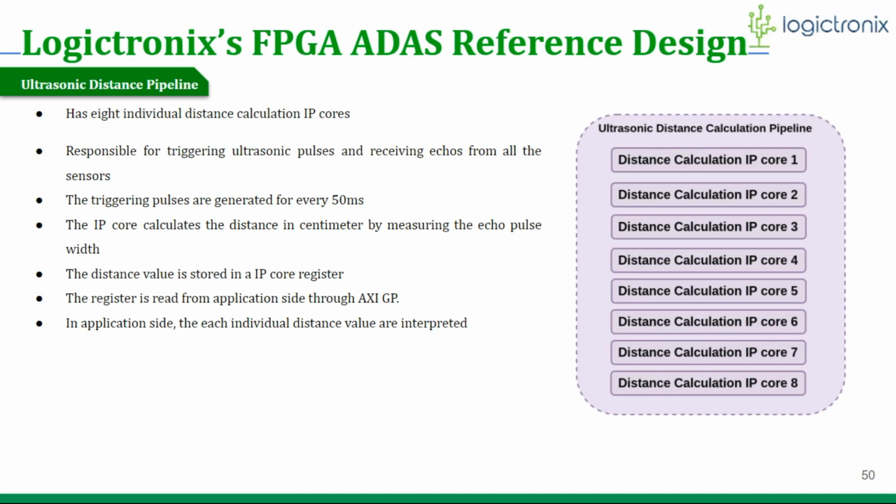Based on receiving the echo pulse, the IP core calculates the distance in centimeters, and the distance value is stored in an IP register. So there will be 8 registers for the 8 distance calculation IP cores, and these register values will be read from the application side through XGPIO. This value will be utilized to show whether to warn or not.